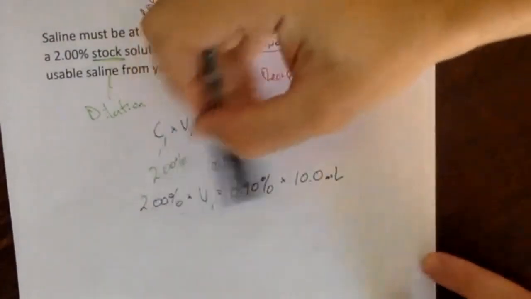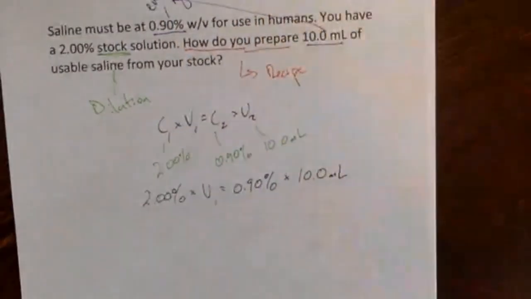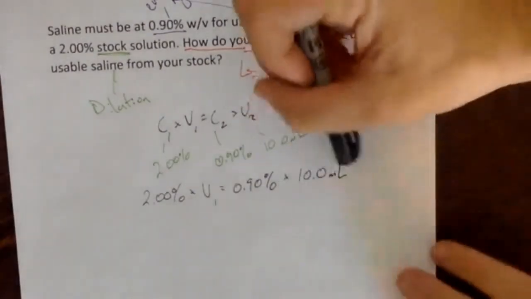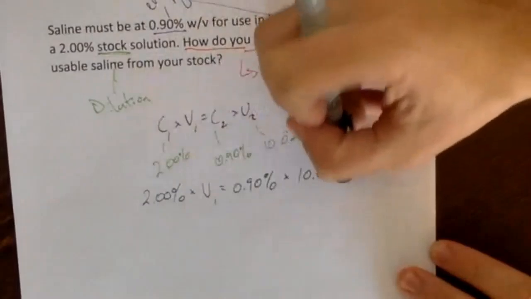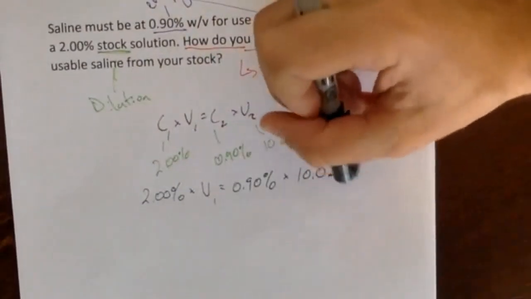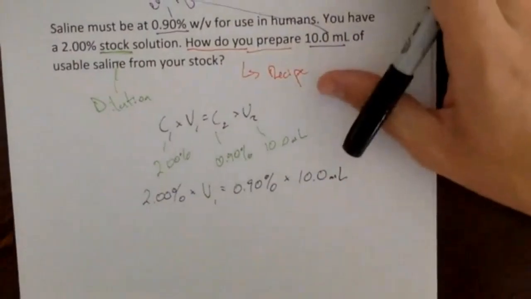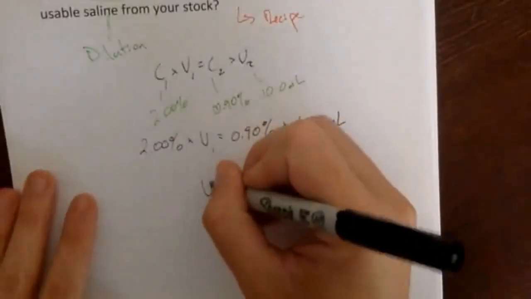And so what we can do is just plug all those numbers in. When we're looking at our units, those percents are the same. That checks out. We have milliliters here. Previously, we've seen that we would potentially need to change those into a particular unit, but it doesn't matter when you're dealing with dilution. Whatever this unit is, that's the unit you're going to get out over here. It can be milliliters, gallons, whatever you want, you just need to be consistent between the two volumes, V1 and V2. So do some algebra.